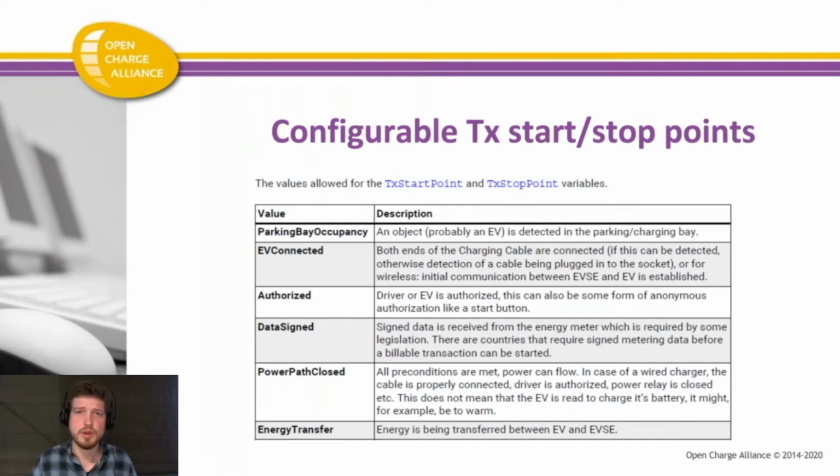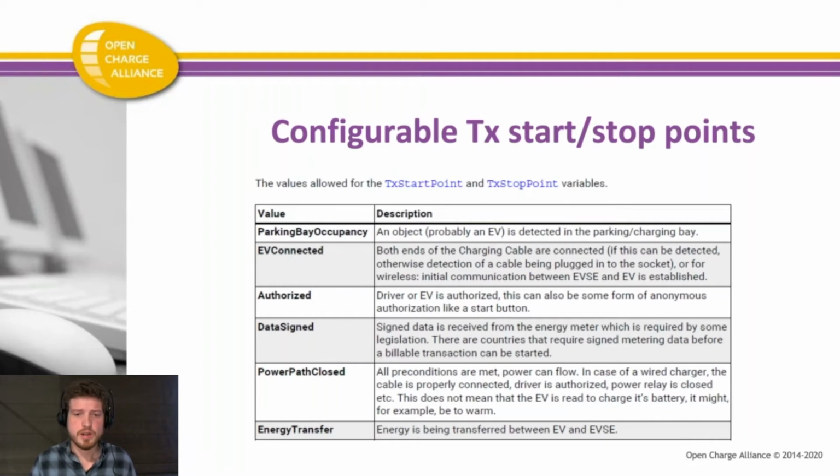So for example, if you would configure EV connected as TxStartPoint, then the transaction will start when the EV and the EVSE are connected. And if you would configure the EV connected as the TxStopPoint, then the transaction will stop when the EV and the EVSE are no longer connected.